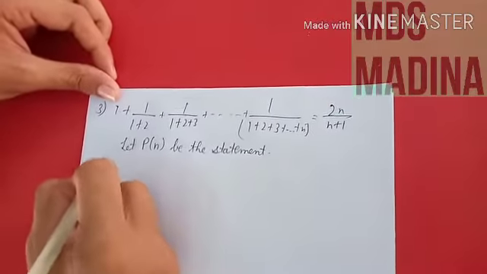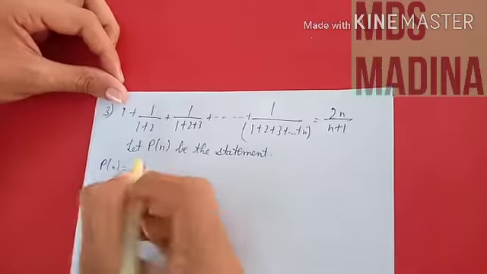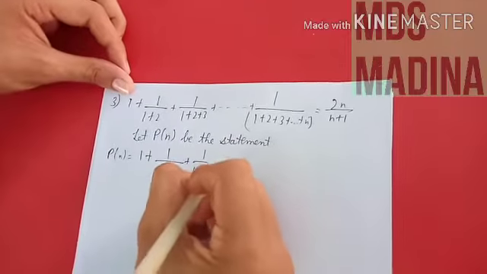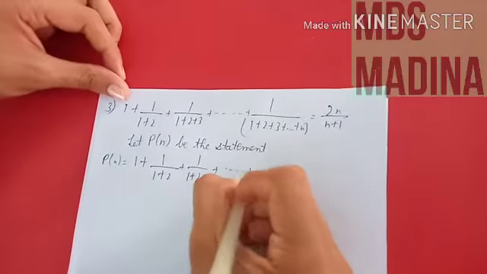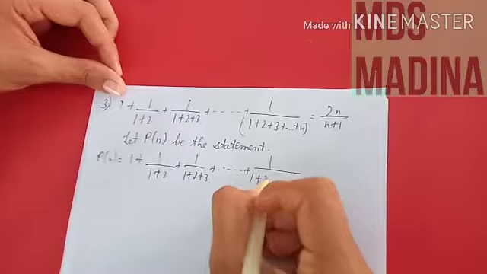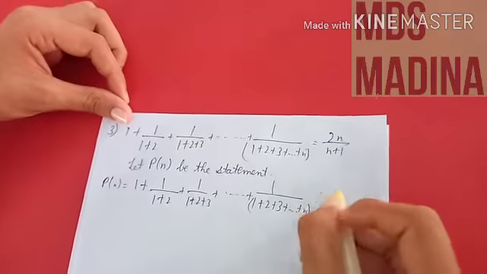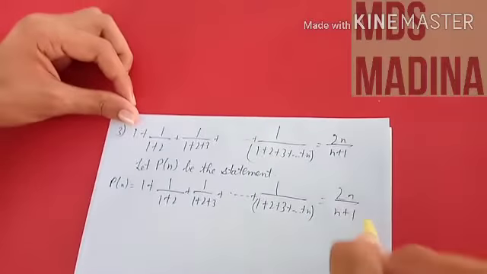So that means P of n will be equal to 1 plus 1 by 1 plus 2 plus 1 by 1 plus 2 plus 3 plus in this way till 1 by 1 plus 2 plus 3 up till n, that we have to prove equal to 2n by n plus 1.